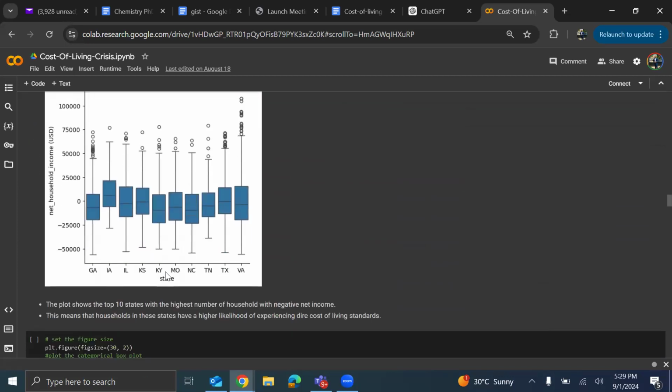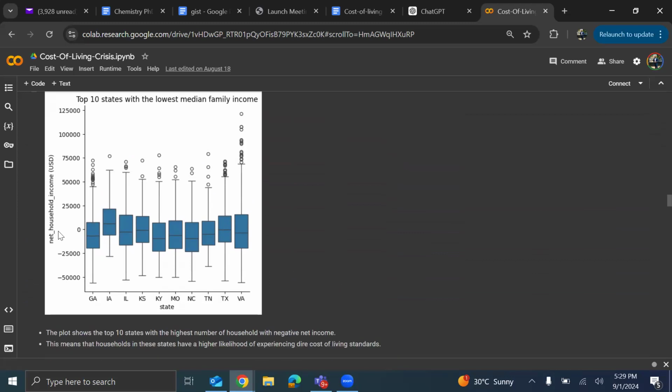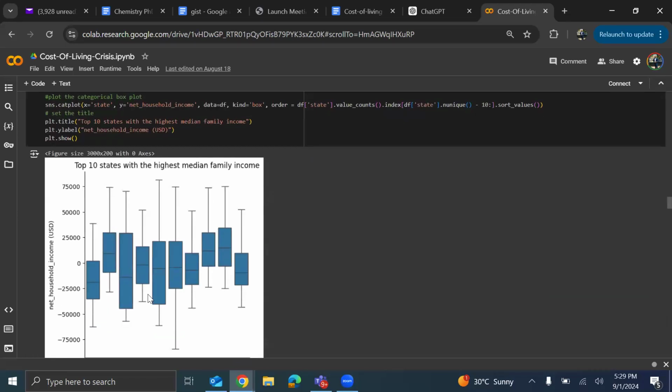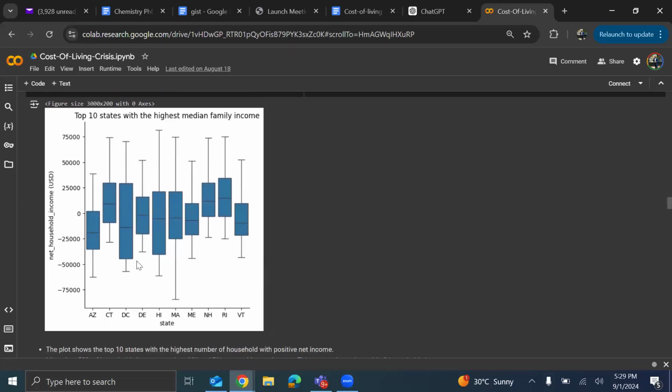Then I explored the states where we can find people with positive household income, right? So these are just the top 10 lowest states, negative. So you can see that people in these states tend to have a higher number of people with negative net household incomes. And then here we are seeing the states that have more people with higher positive income. So you can see DC.